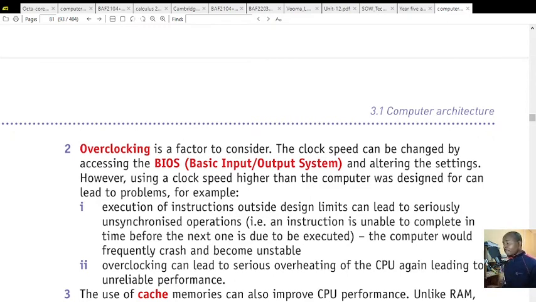Then the computer will just stop working. So it is important not to overclock in the quest to increase the performance of the computer. We should have the right kind of clocking speed for our computer. Then there is also the whole idea of cache memories.